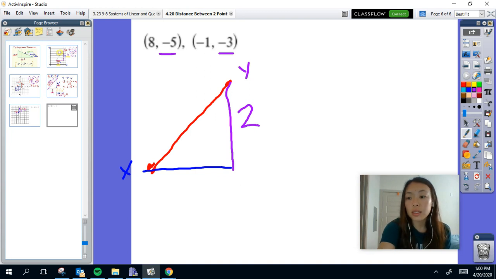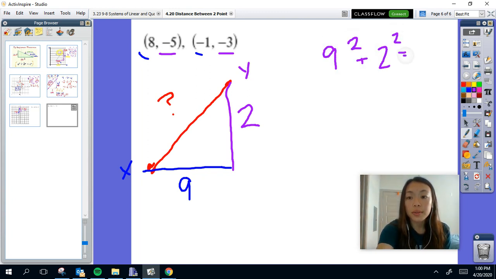And then what is the distance for my x values? x is 8, and then x is -1. Well, that would be 9. So I know my triangle has 9 and 2 as legs, and I'm solving for the hypotenuse. When I do that, a squared plus b squared equals c squared.